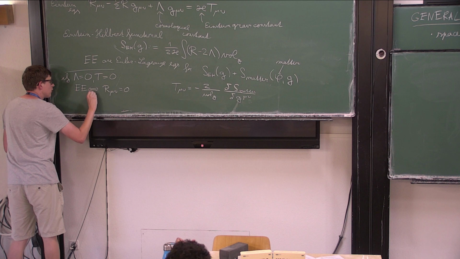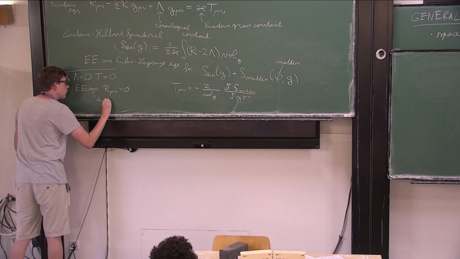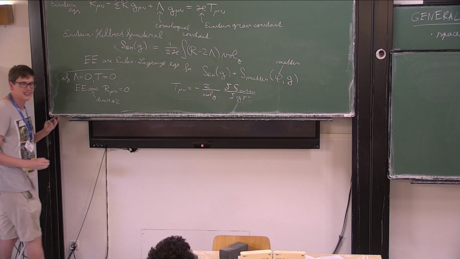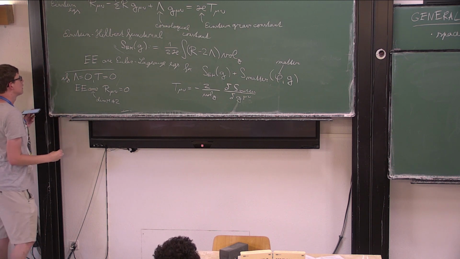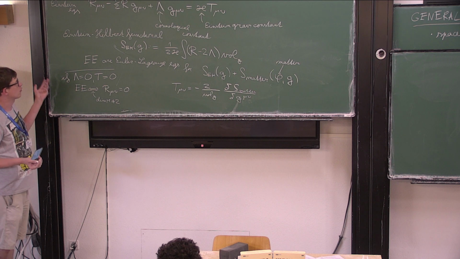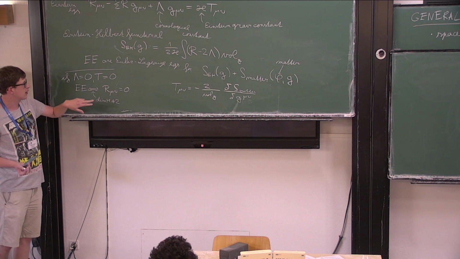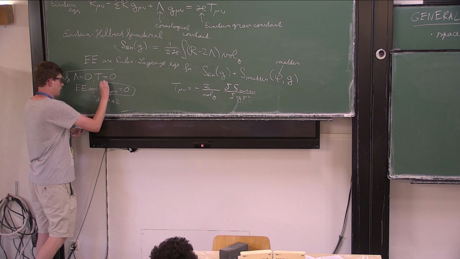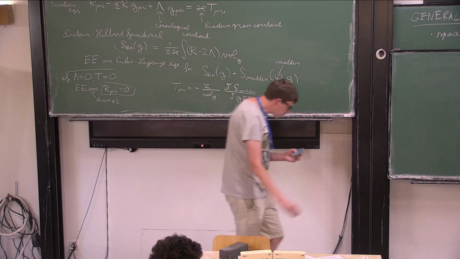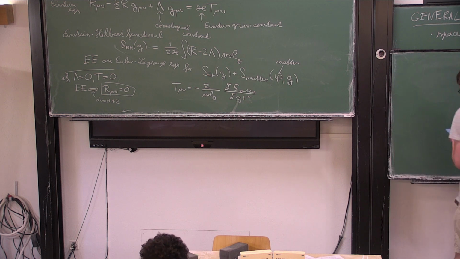This uses the fact that the dimension of M is not 2. In 2 dimensions it doesn't work. But anyway, you can show this. It's very easy by just tracing the equation. So what I'm saying is that the Einstein equations in vacuum are so much simpler. They just say that the space is Ricci flat. The Ricci tensor vanishes.